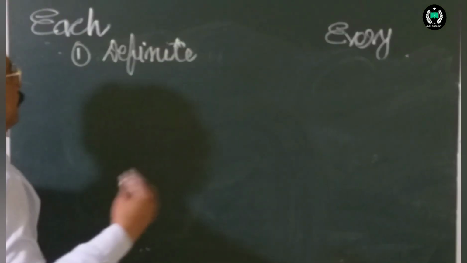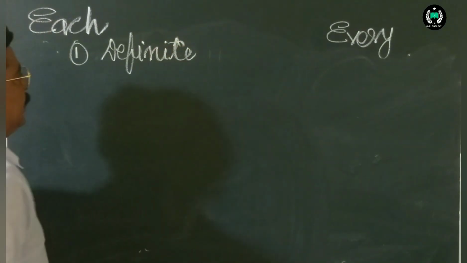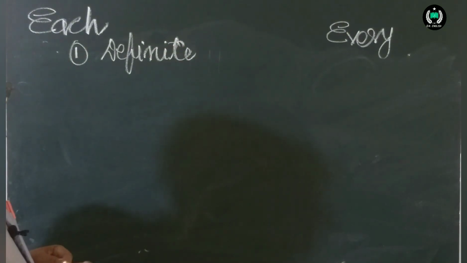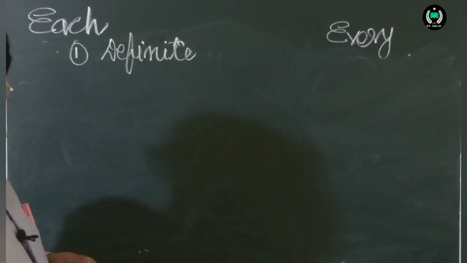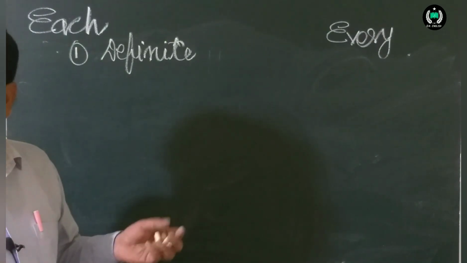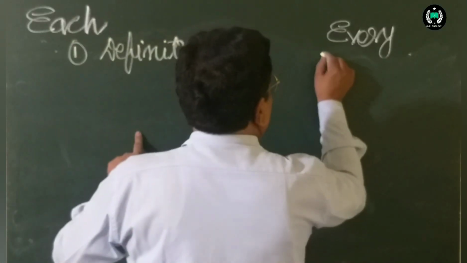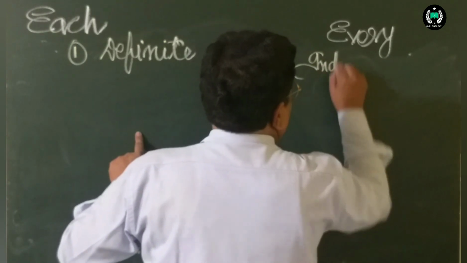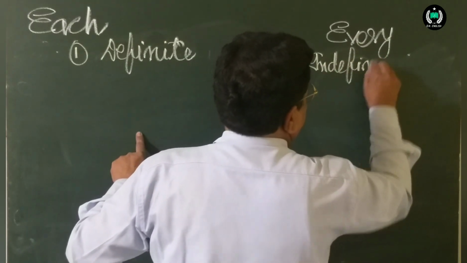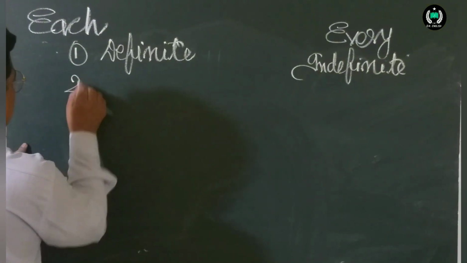After he went back from my place, I began to think why he was getting confused. Then I invented some points by which I thought that tomorrow, when he would be with me, I would make him clear. So these are the points. Each for definite number and every for indefinite number. Each for compulsion.